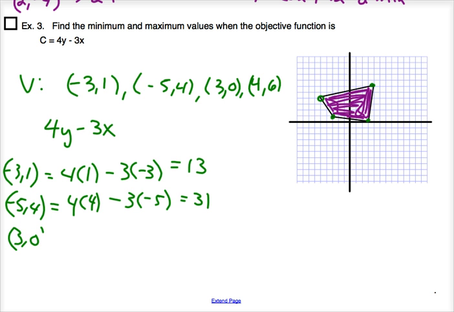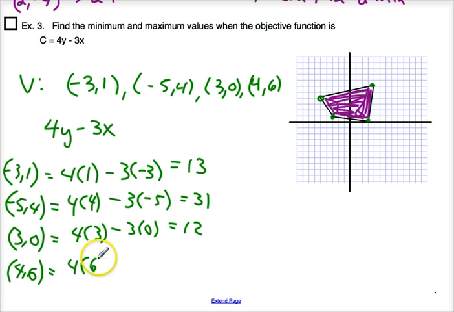Plug in 3, 0. That'd be 4 times 3 minus 3 times 0. That would be 12. And when I plug in 4, 6, I get 4 times 6 minus 3 times 4. 24 minus 12 is 12.